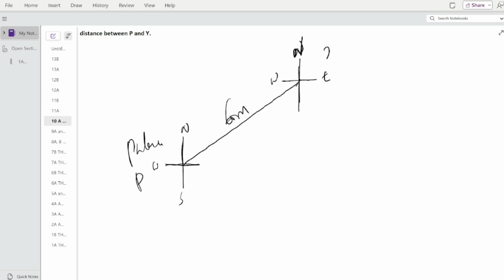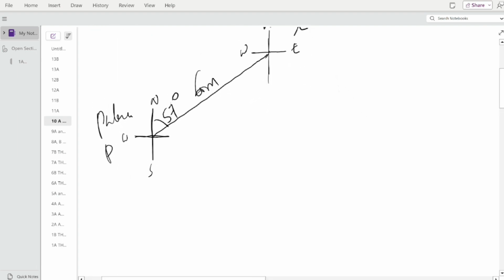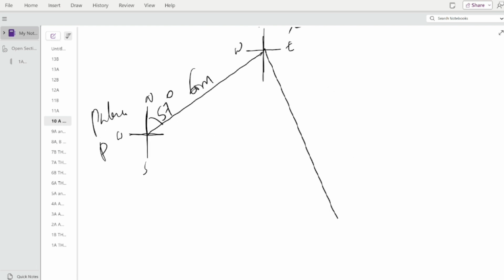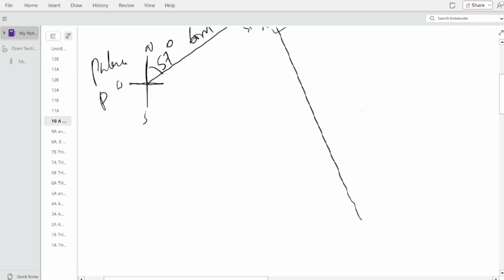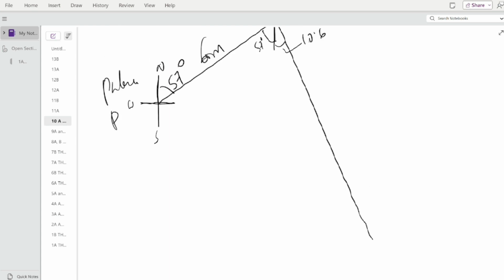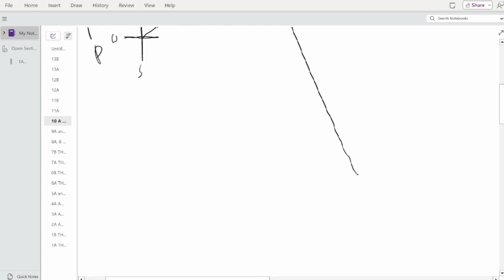We have the house of Chief X here, and since we know this is 57 degrees and we know the angle here is beyond 57, that means it goes 10.6 degrees out. We'll have to draw it this way. So we have 57 degrees here, and here we have 10.6 degrees. We join this, then we can now join at this point.